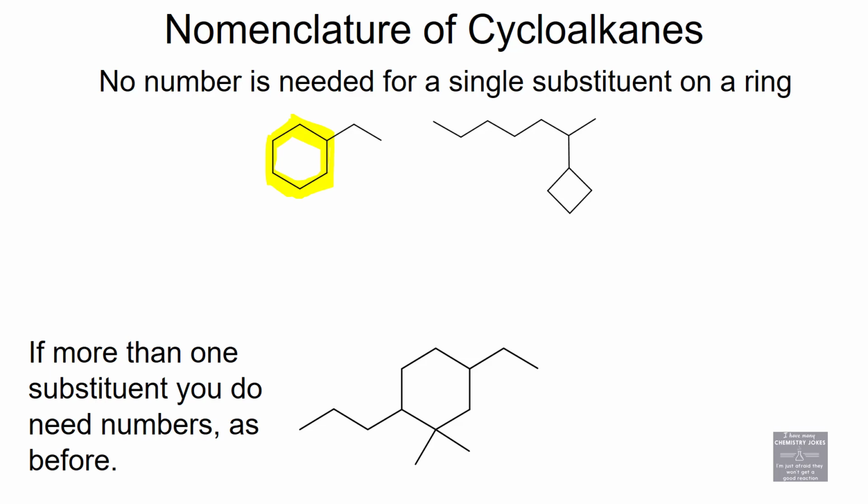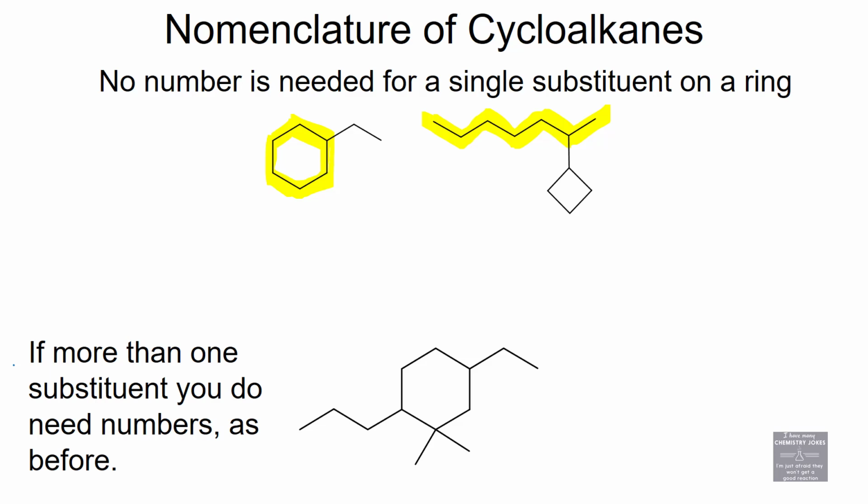In the next example, the parent should be this main chain, this long chain, because it has 7 carbons while the cycle only has 4. So you have to pick who's the better parent based on the number of carbons.